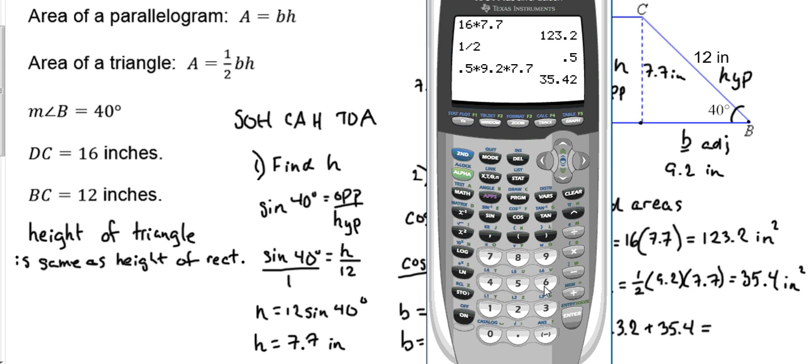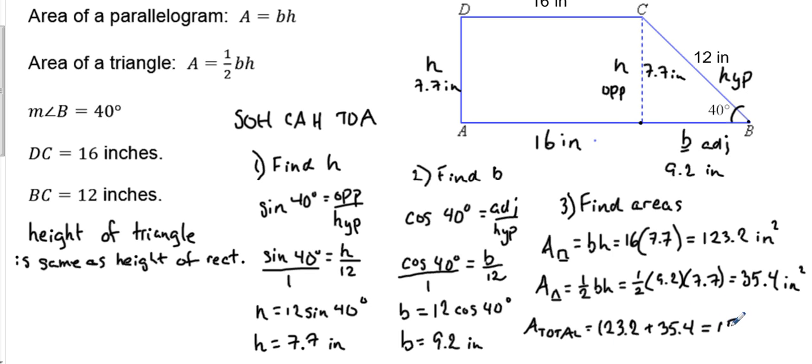Now, we learned in one of the previous videos that you don't have to type in the 35.4 again, but since I do have 35.42, I'm going to actually have to type that in. So 123.2 plus 35.4, and we'll get 158.6, so 158.6, and that'll be inches squared.